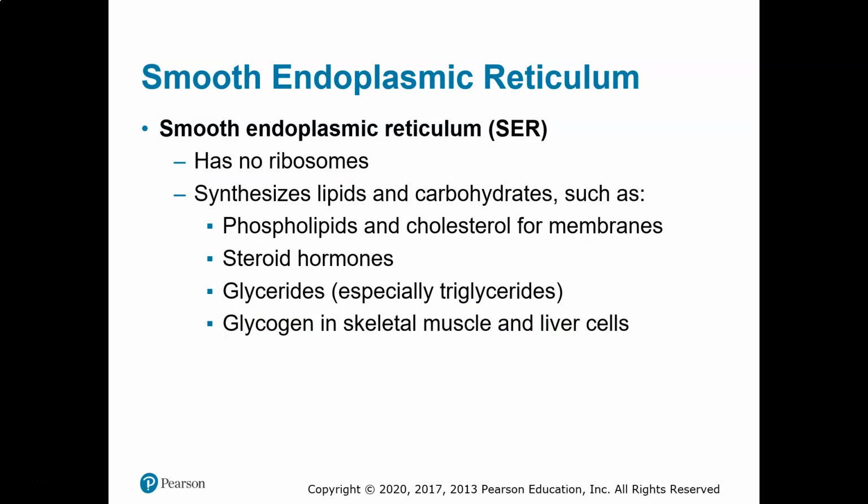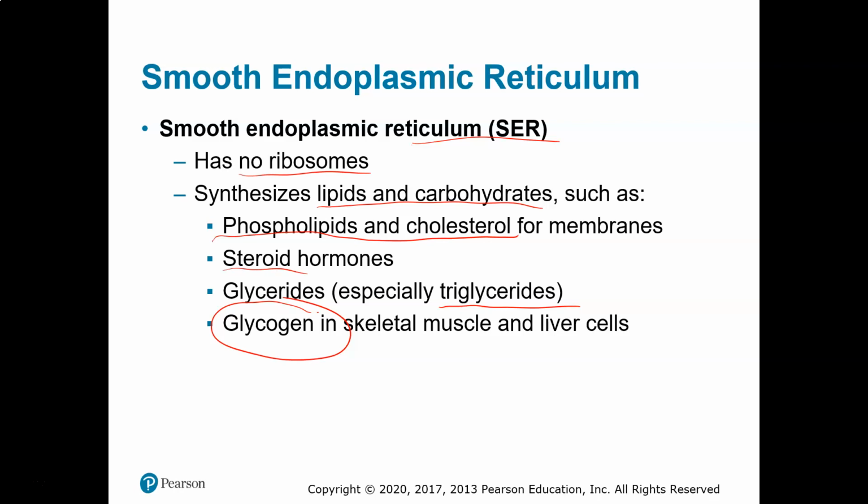All right, and then here you have the smooth endoplasmic reticulum does not have ribosomes. It synthesizes lipids and carbohydrates such as phospholipids and cholesterol, steroid hormones like testosterone and estrogen, triglycerides and glycogen, which is found in skeletal muscle and liver cells.